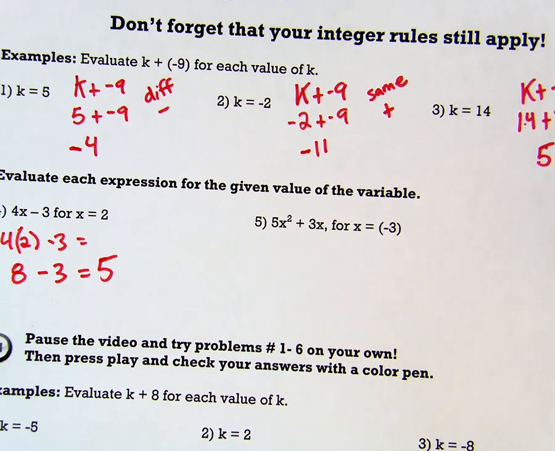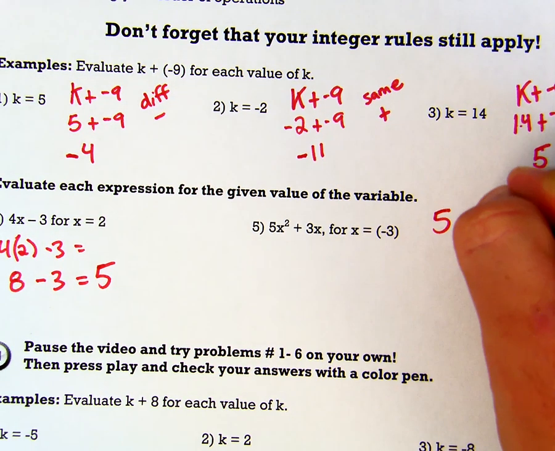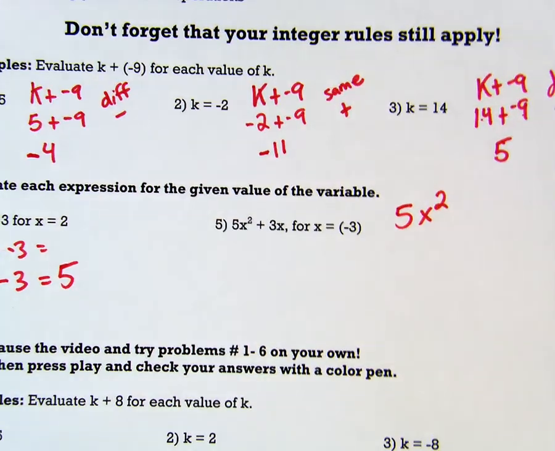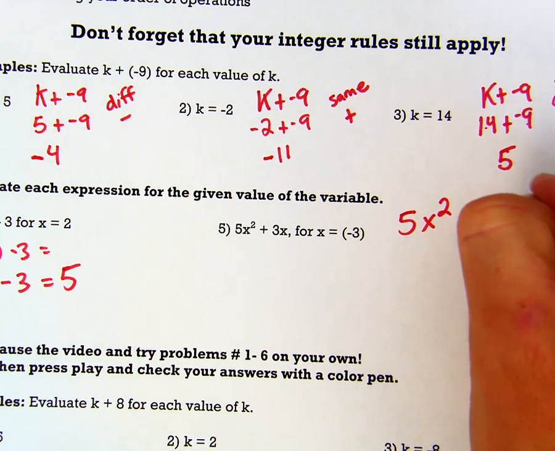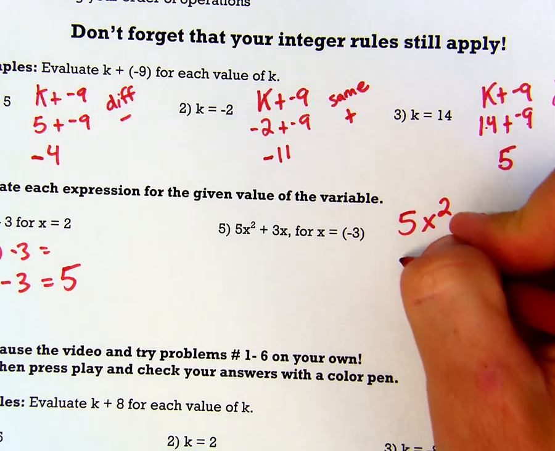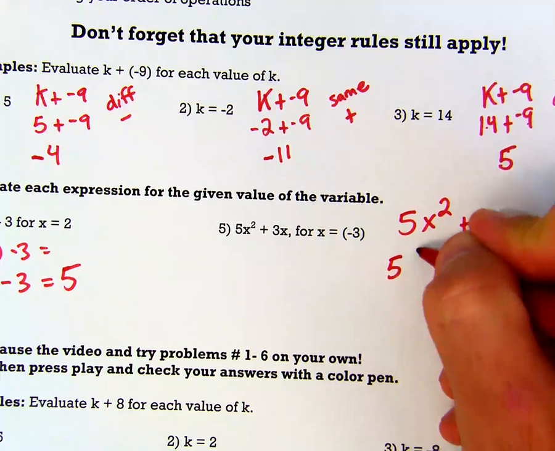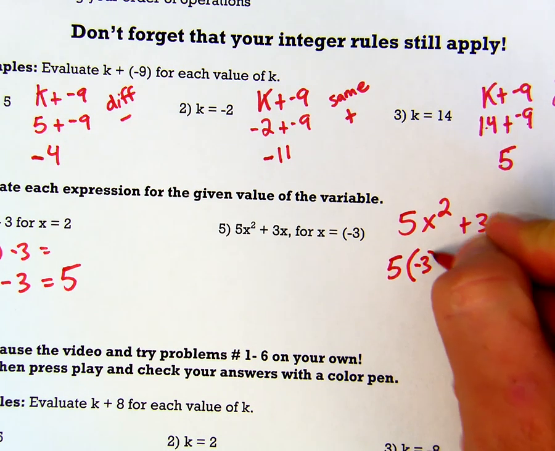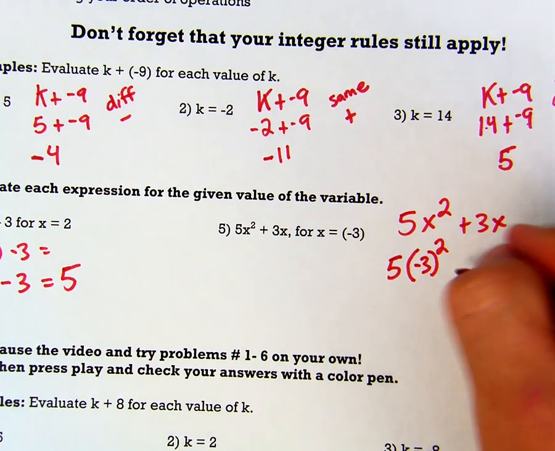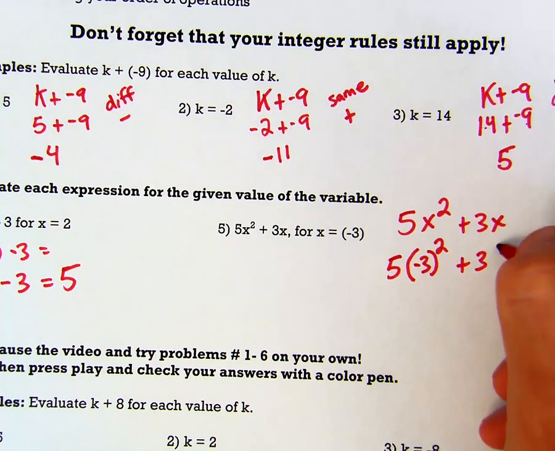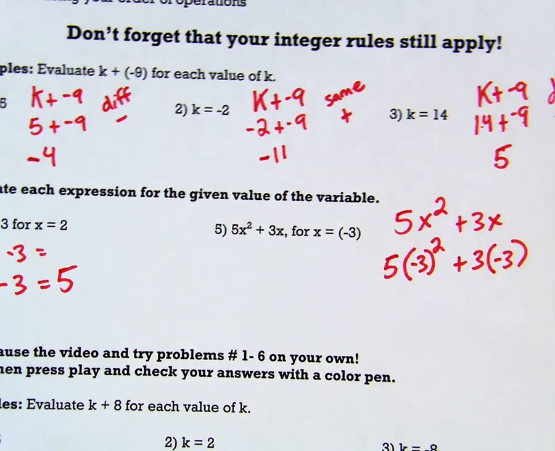Alright, number 5. 5x squared plus 3x, where x is equal to -3. So this one I'm going to rewrite just because it'll be easier. It's a little bit bigger. So 5x squared plus 3x. Let's go ahead and plug this in. So 5 times -3 squared plus 3 times -3.